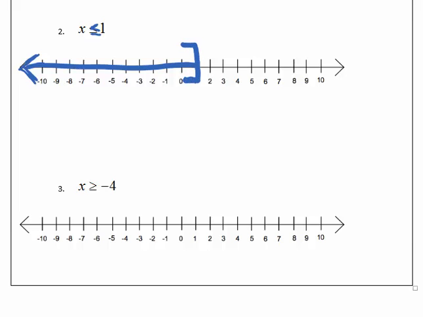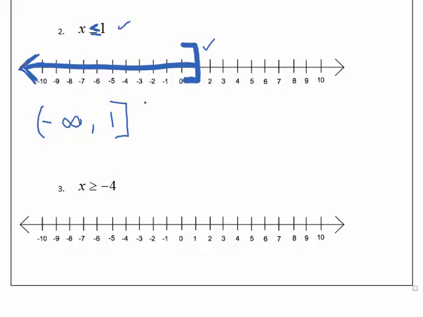So this is my inequality. Everything less than or equal to 1. This is my graph. And finally, I need to do my interval notation. So again, I start with the smallest number. In this case, there is no smallest number really. It's going here forever. So that's negative infinity. That's where it starts. Gets a parenthesis. And I'm going all the way till 1. That's my biggest number.